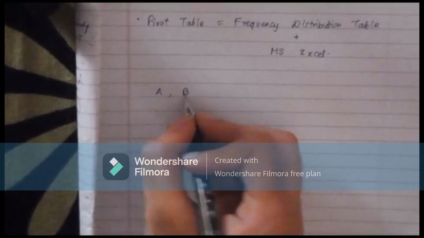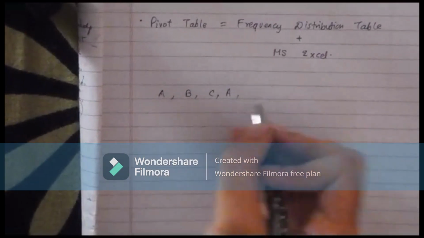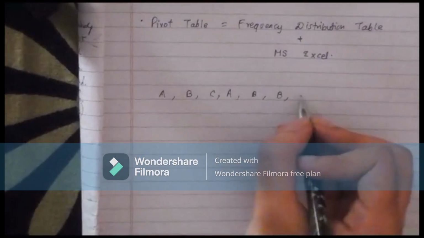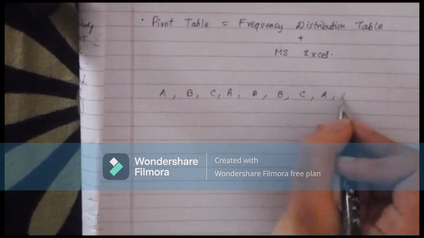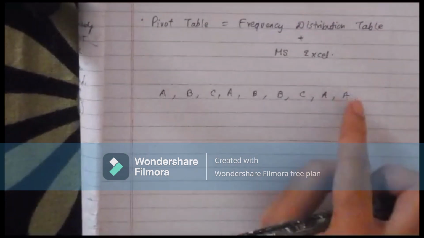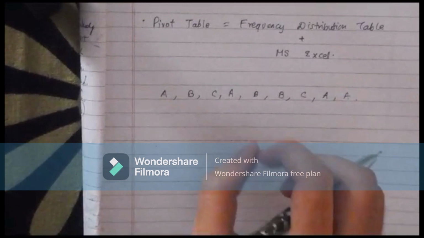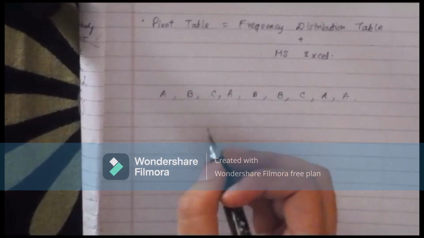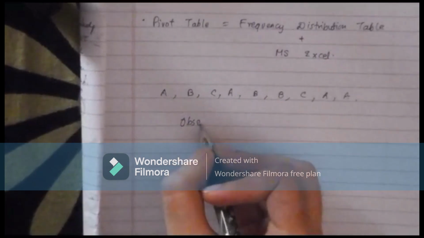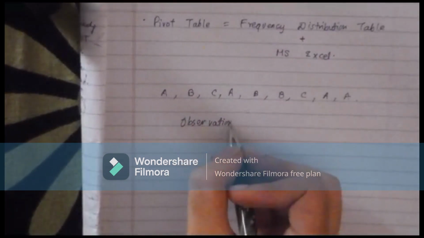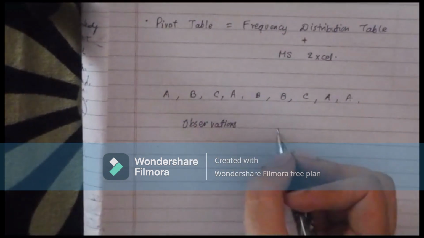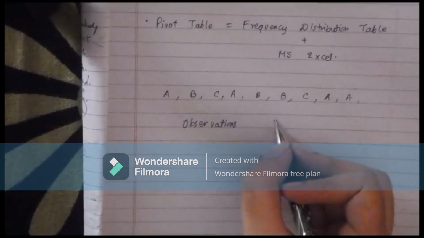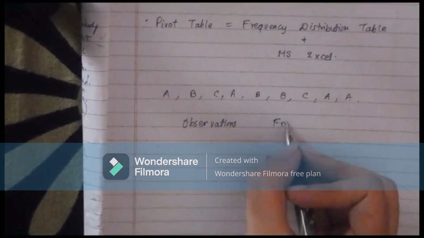Let's say you have certain observations. I've got them right here. And the first thing you're gonna need to do is observe what kind of observations you have. I'm gonna label a table observations and frequency.